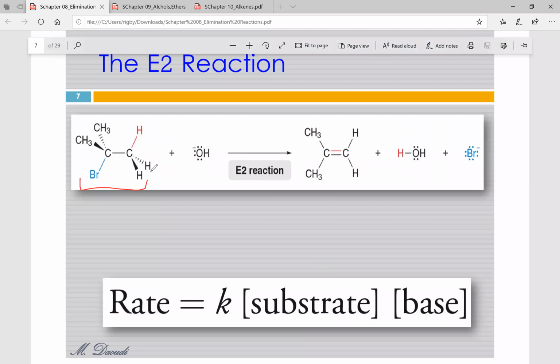On the other hand, in E1 we have two steps. And remember, when we have multiple steps for a chemical reaction, we have to consider only the reactants of the slow step. So in this case, we are only going to consider the substrate, the alkyl halide in this case.